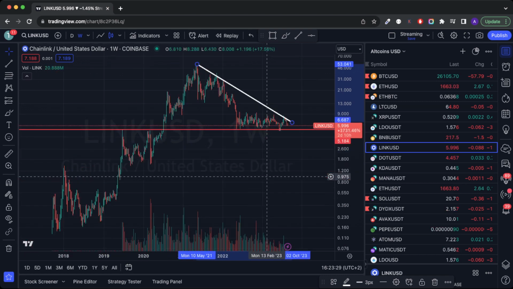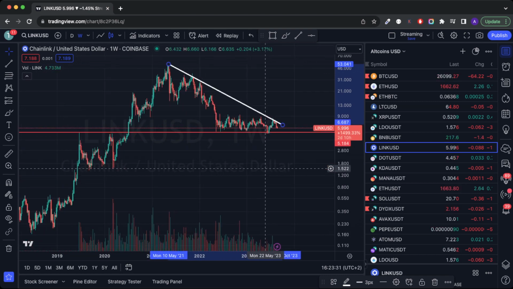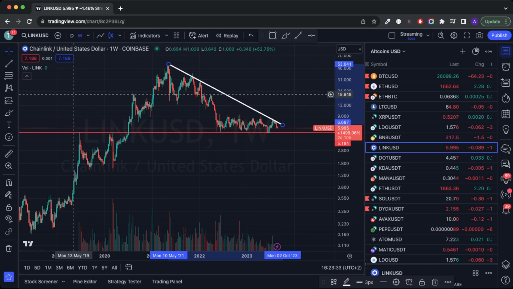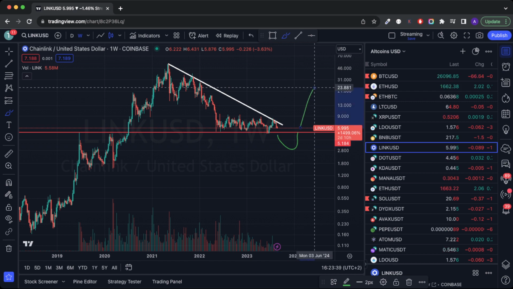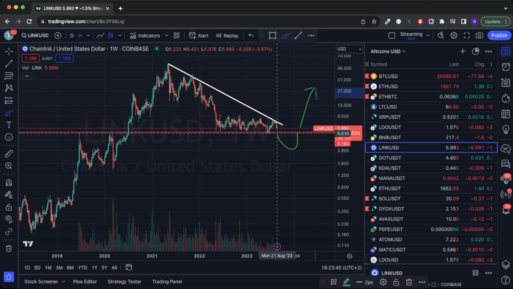This can go lower too. Or maybe we just do a deviation or something like that, but I don't see any bullish scenario as of yet. So if this starts pumping and breaks this trend line, I'm bullish. If this breaks below the support and reclaims it, I'm bullish. Until then, I'm bearish. It just doesn't look good.